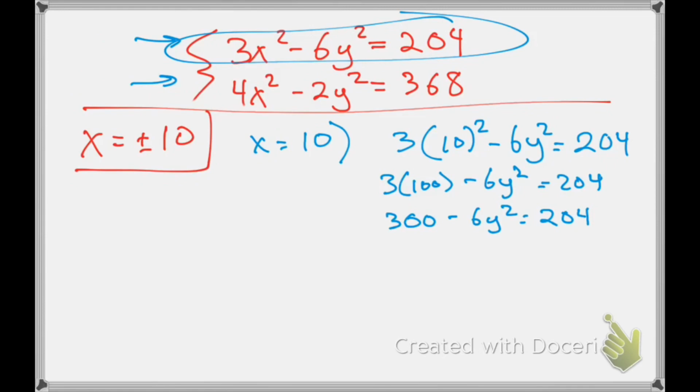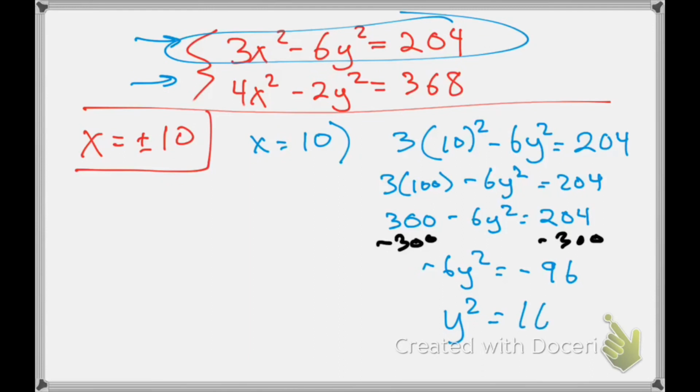I subtract 300 from both sides. So negative 6y squared is equal to negative 300 plus 204, which is negative 96. Divide both sides by negative 6. You get y squared is equal to 16.